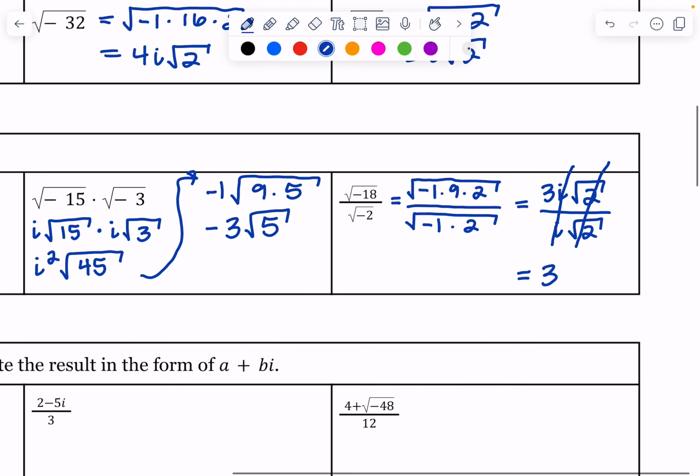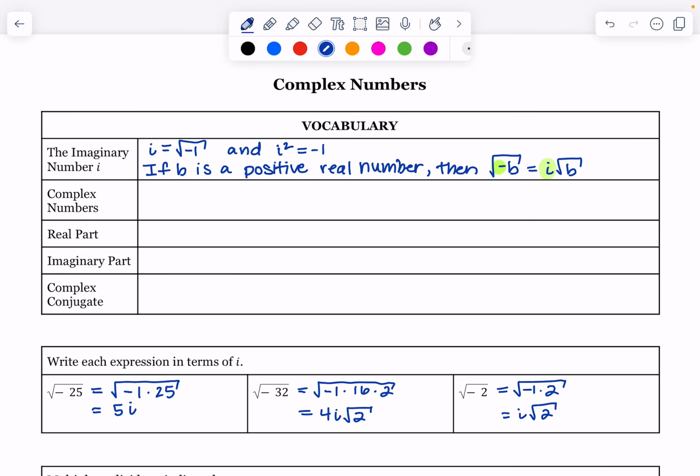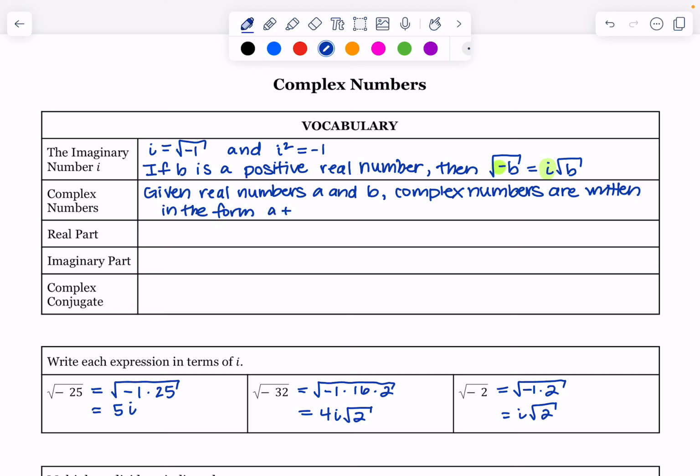Awesome. Okay, for this next part, we need to jump up and talk about complex numbers. So given real numbers a and b, a complex number is written in the form a plus bi.